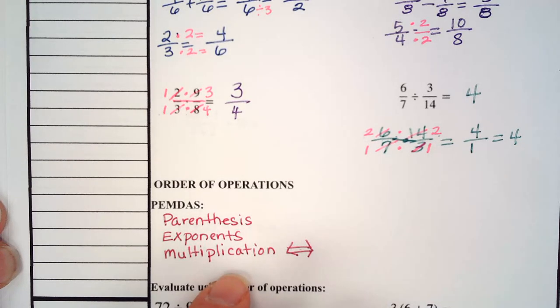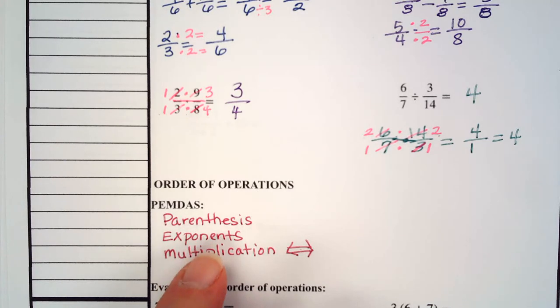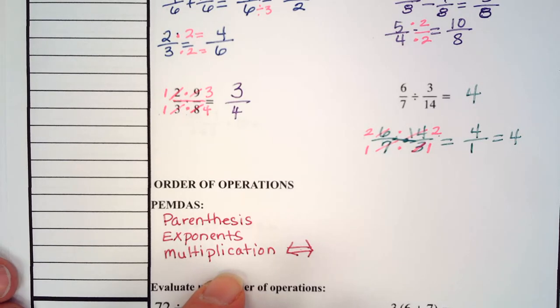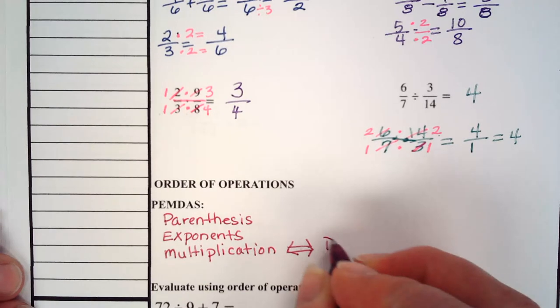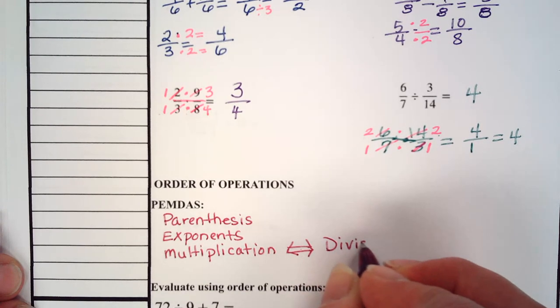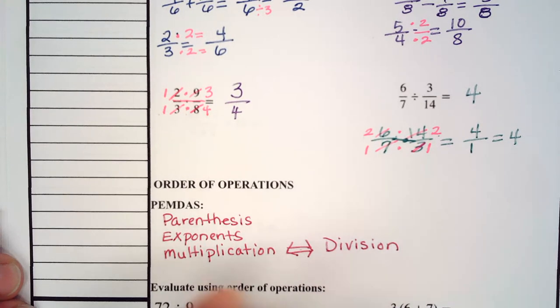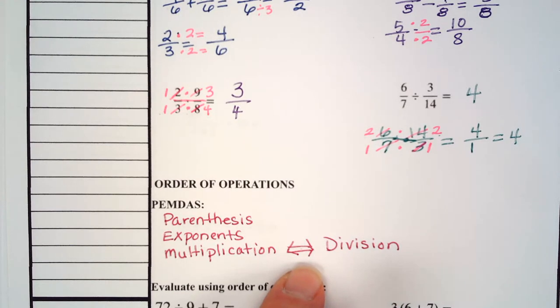They're considered equal. So after you've done the parentheses and exponents, if you see multiplication in the equation first, you multiply. If you see division, then you divide. That's why I put the double arrow here to show you that it doesn't matter. They're of equal value, so you do whichever one you see first.